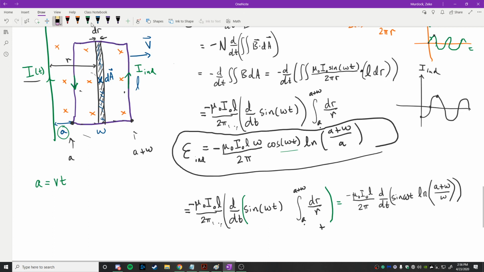So we replace the a here with v times t. W is just the size of the loop, so it doesn't change.